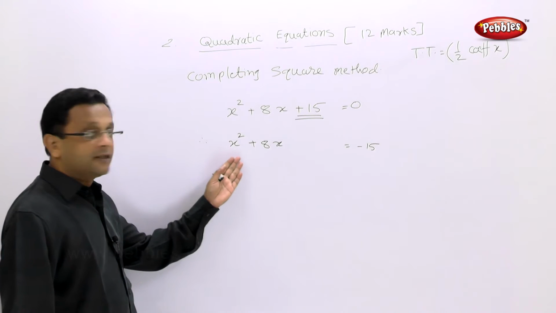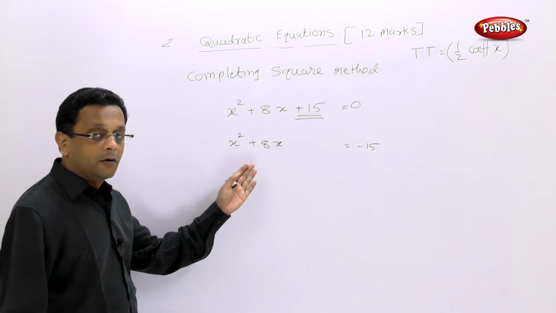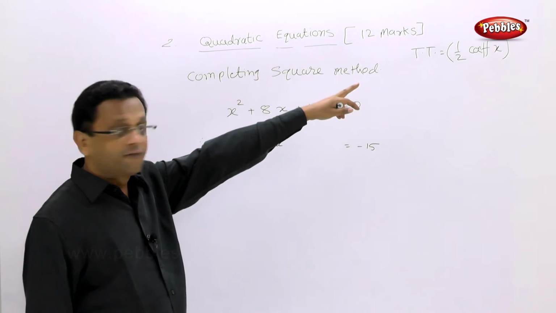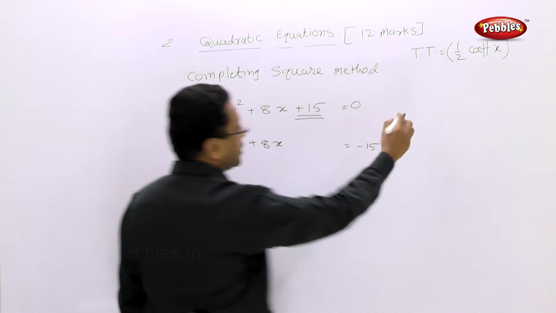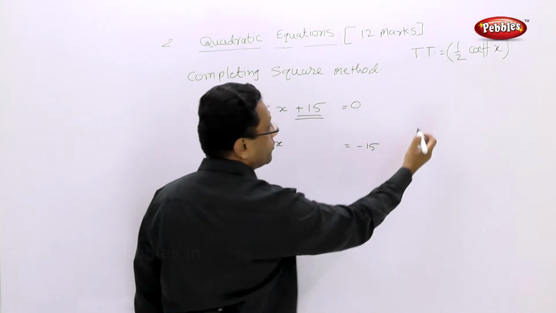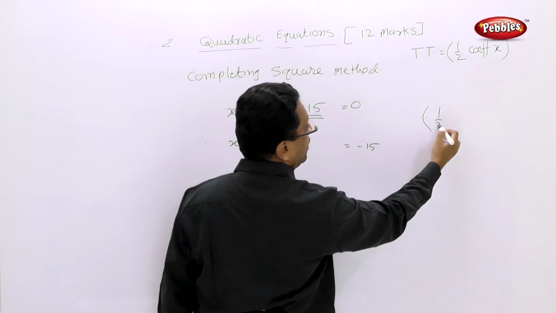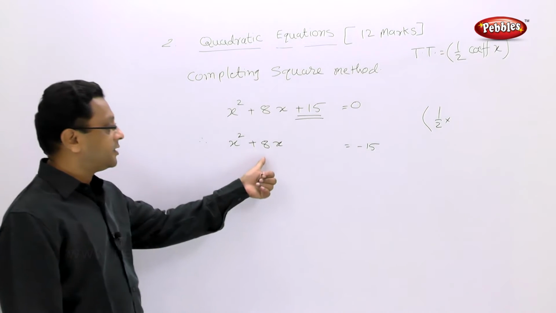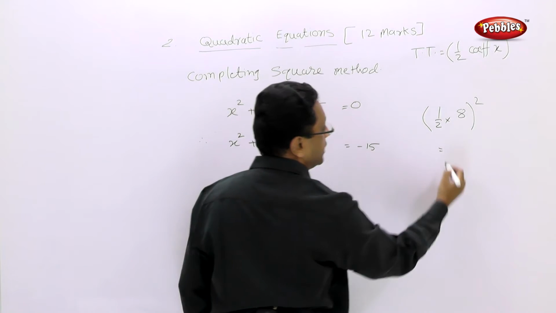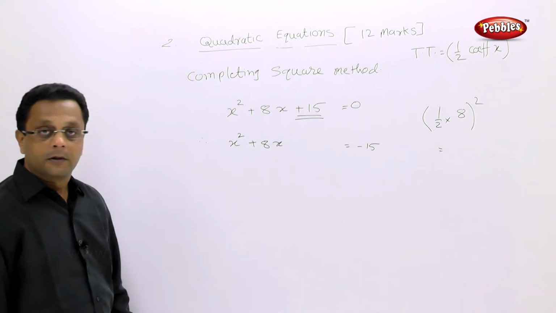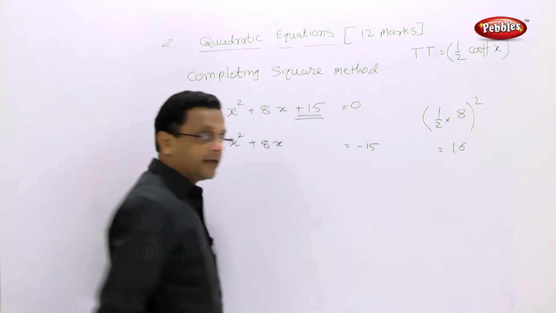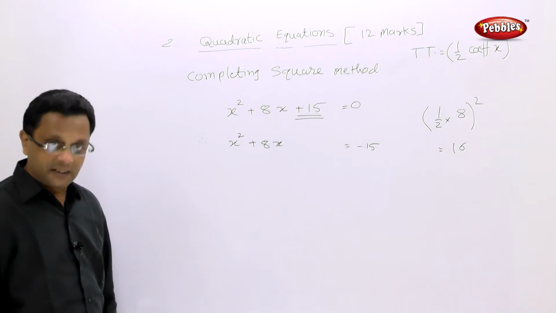Now to make the left hand side a perfect square, which term do we have to add? Which should be the third term? By that formula, the third term will be 1/2 into the coefficient of x, which is 8, bracket square, that is 16. 2 fours are 8, 4 square is 16.